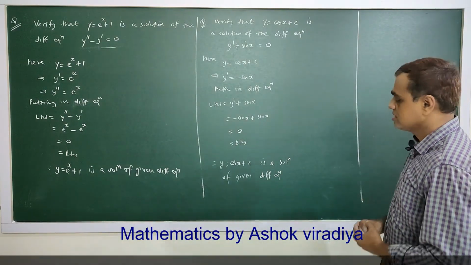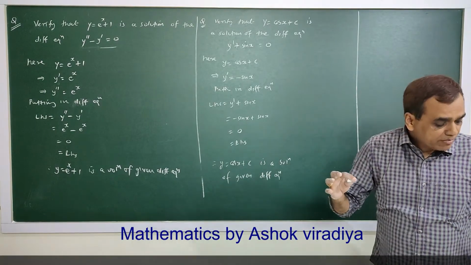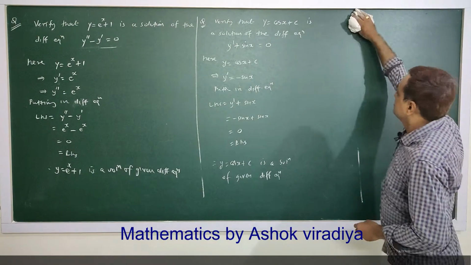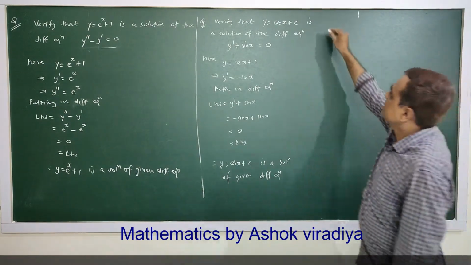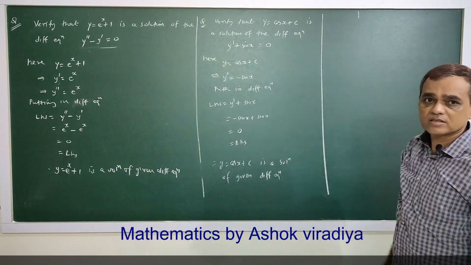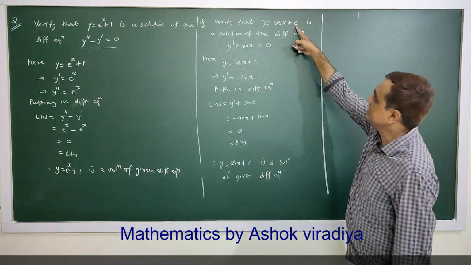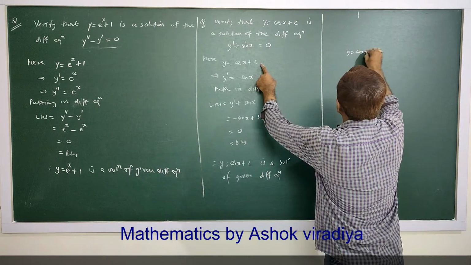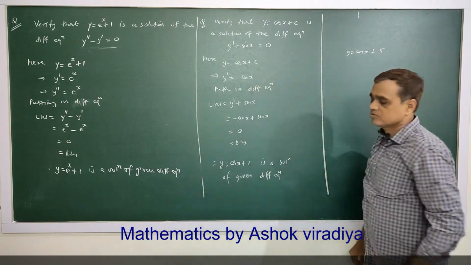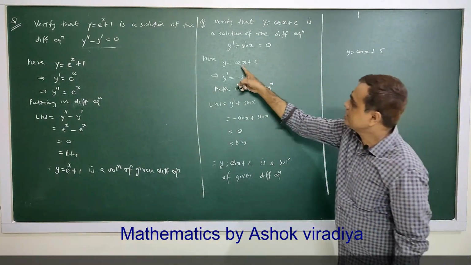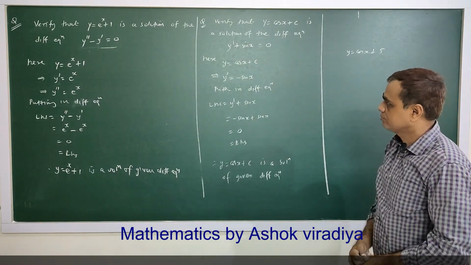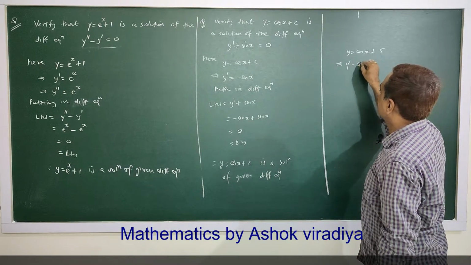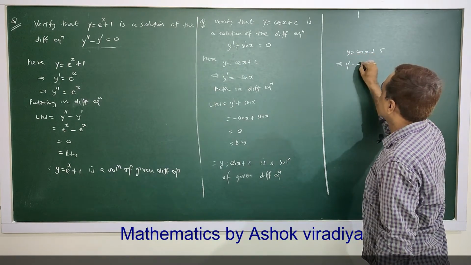Now I am explaining the meaning of general solution and particular solution. See, in this question, instead of c, if I keep here any real number, suppose I put here 5, y is cos x plus 5. So the next step will be y dash equal to minus sin x.